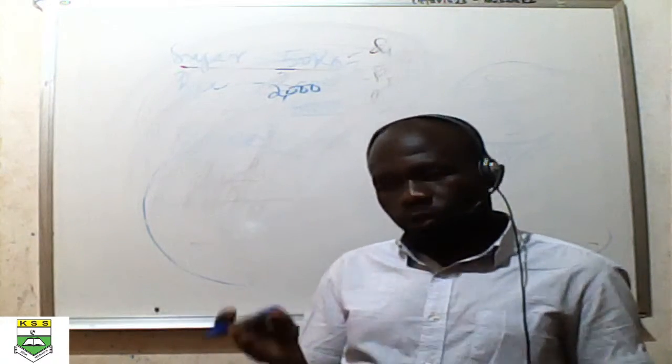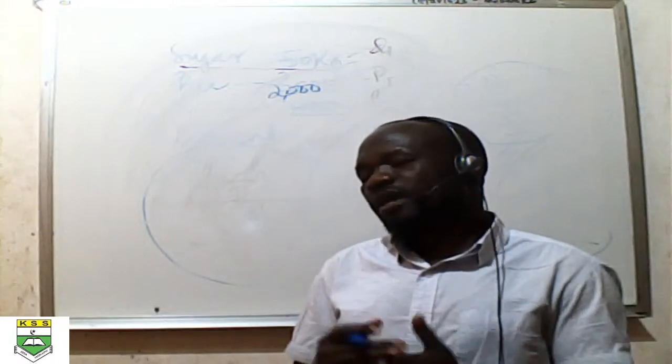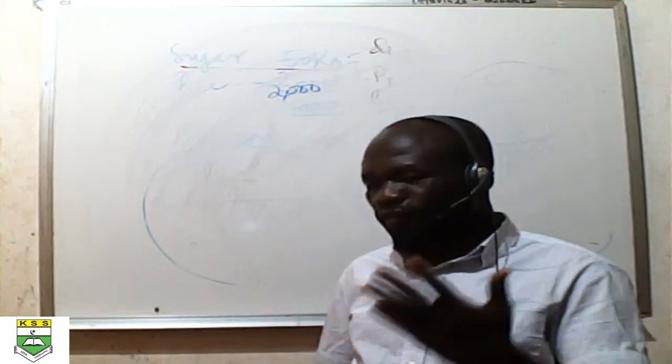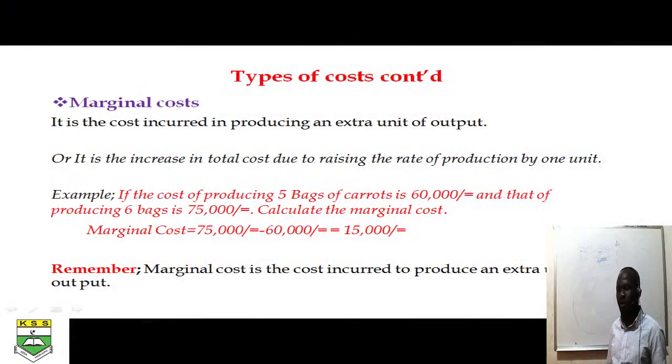Now on your screen, we have an example there. We are saying that the cost of producing 5 bags of carrots is 60,000. Okay? And the cost of producing 6 bags is 75,000. If you are to calculate the marginal cost, it just means the total cost of producing, including the extra, minus the original cost.